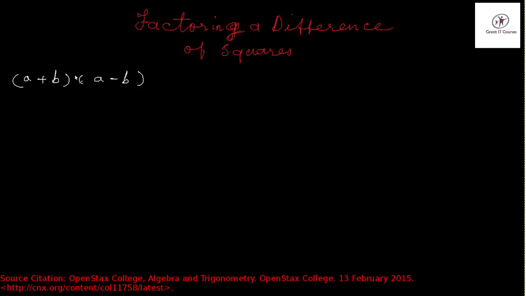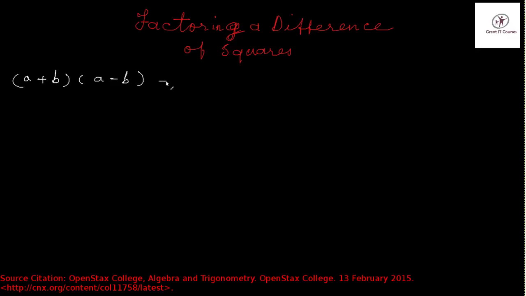I could call it two factors containing the same terms a and b, but having opposite signs in between the two factors. That's just a fancy way of describing this expression. But anyway, (a + b) into (a - b).